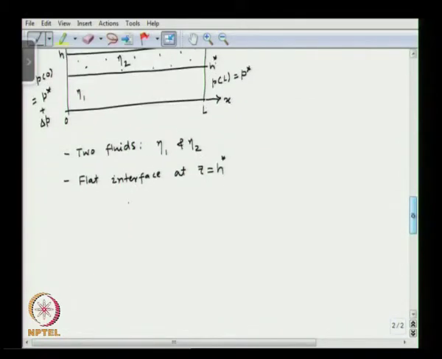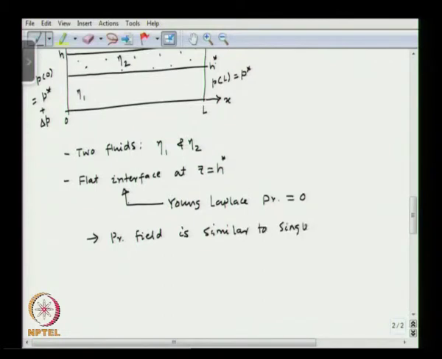And since the interface is flat, our Young Laplace pressure is going to vanish, so this is 0. So the pressure field is similar to single phase Poiseuille flow.